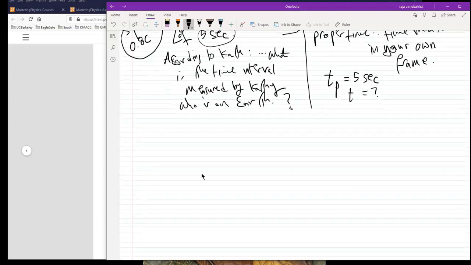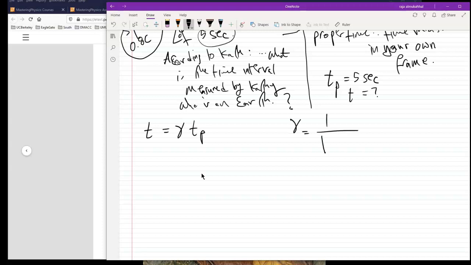So how do we do it? Well, the time measured by Kathy is equal to gamma times delta tp. First thing you do, find gamma. Gamma is 1 over the square root of 1 minus v squared over c squared. Let's plug it in. That's going to be 1 over the square root of 1 minus (0.8c) squared over c squared.